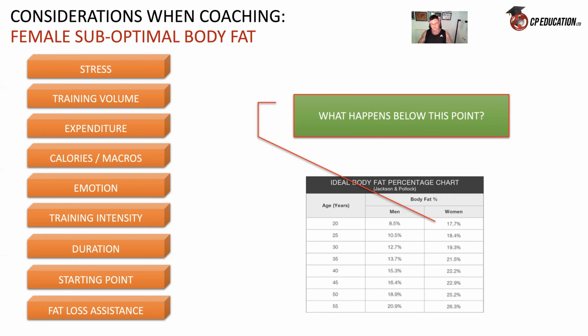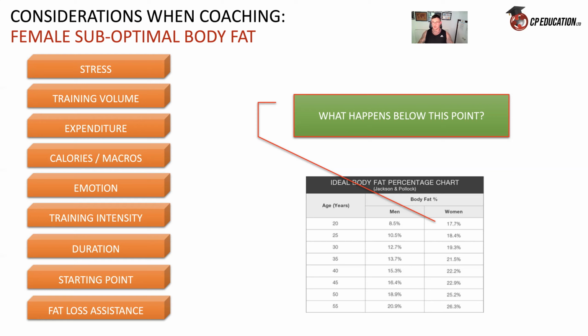But the main factors affecting this will be their overall stress. They need to be in a stress-free environment throughout the whole of the process. They need to be looking at their training volume. So again, are they pushing themselves too much in a sympathetic nervous state? So they're in overdrive, fight or flight response. What is their expenditure like?